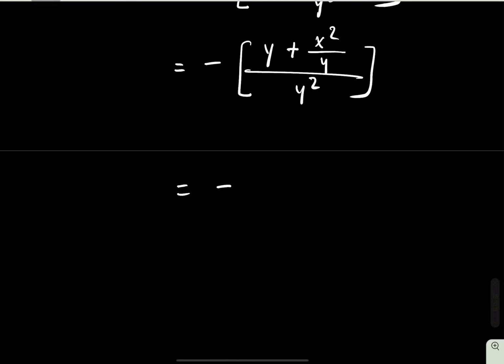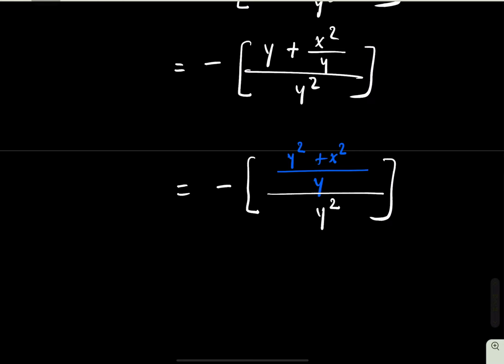In the numerator, that becomes y, and that becomes y squared plus x squared. This whole stuff is divided by y squared, just like that.